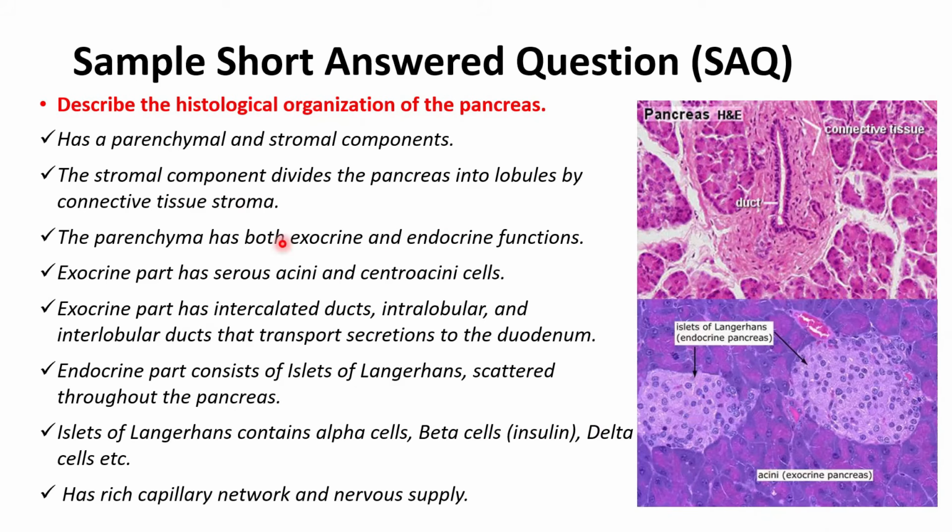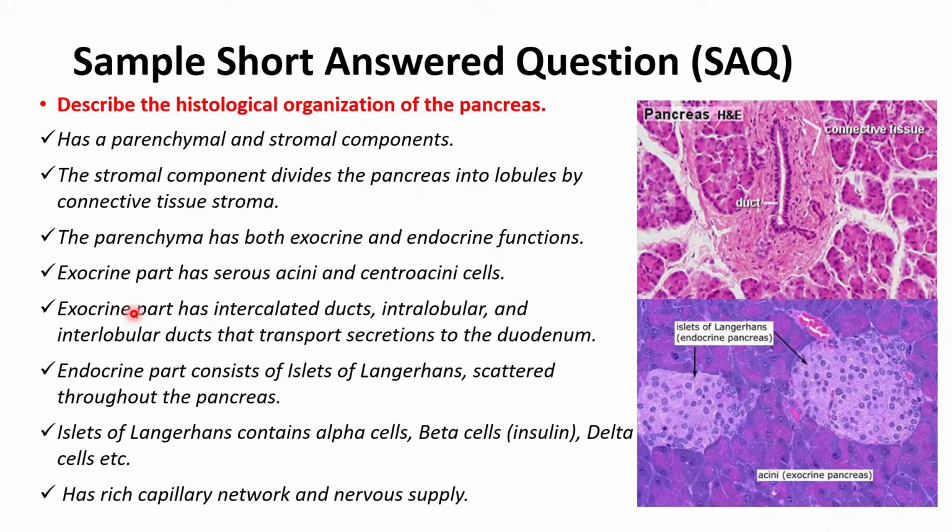So we talked about the parenchyma, with both exocrine and endocrine functions. The exocrine part, which is what you can see here, has various cell types. It has serous acinar cells and central acinar cells, which produce the enzymes.